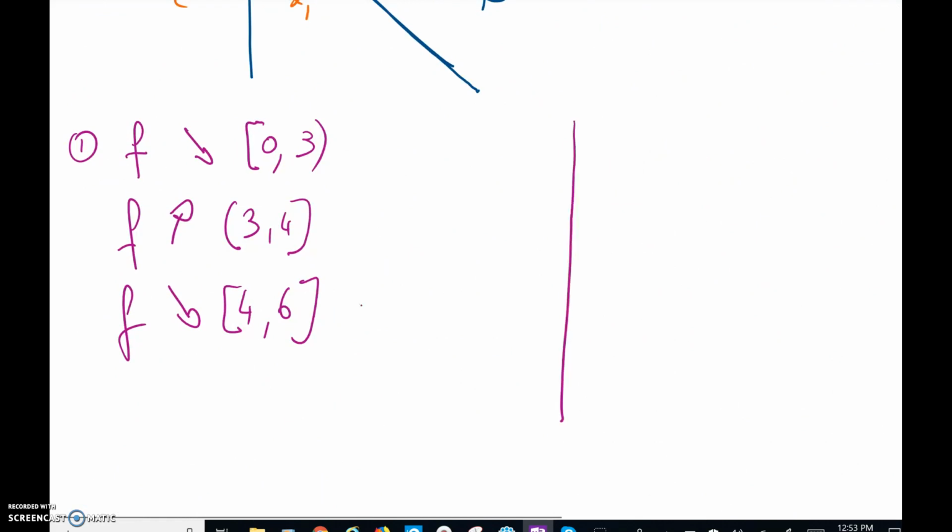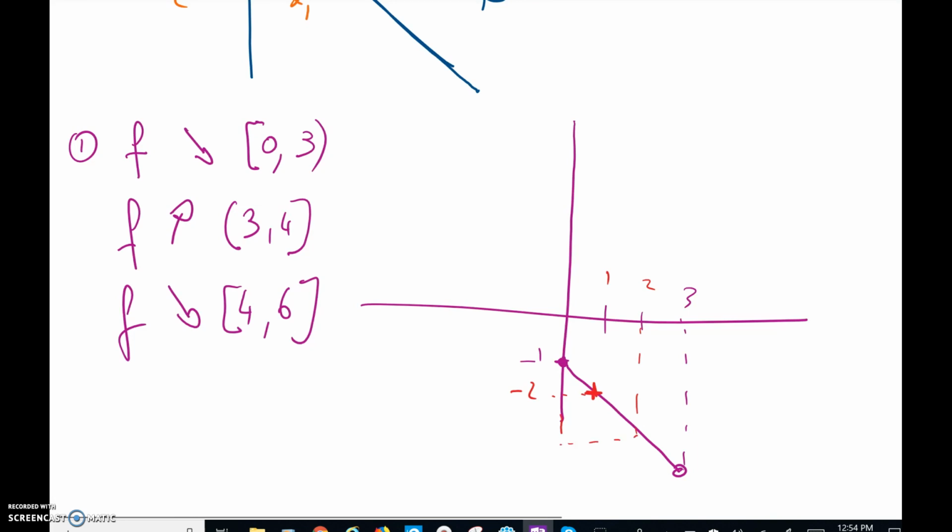If you look at your graph right now, you have a solid dot right there, an open circle right here at 3, and this is 2, 1, and this one is negative 1. You are going to take two points. Let's take the point right here, x equals 1, roughly negative 2. And if I look at x equals 2, I'm going to be below, and it's going to be negative 3.